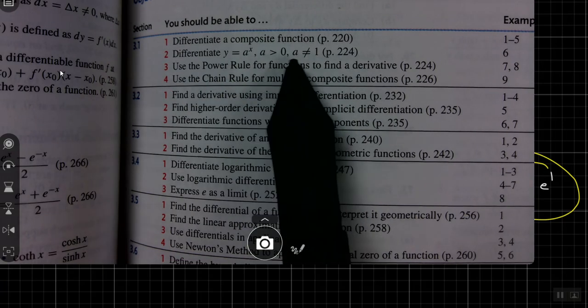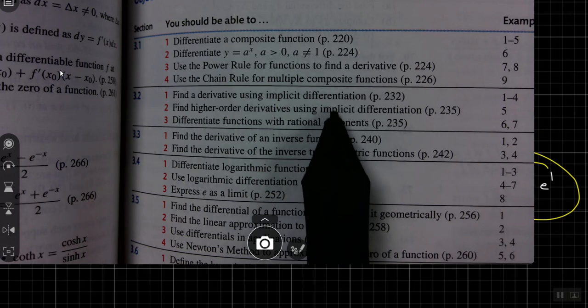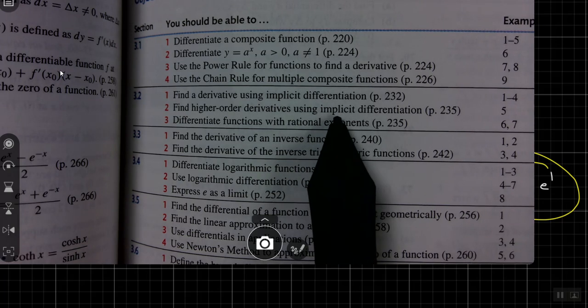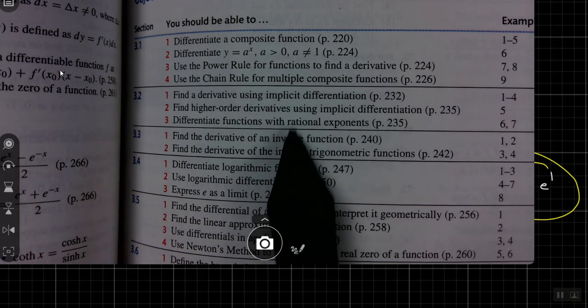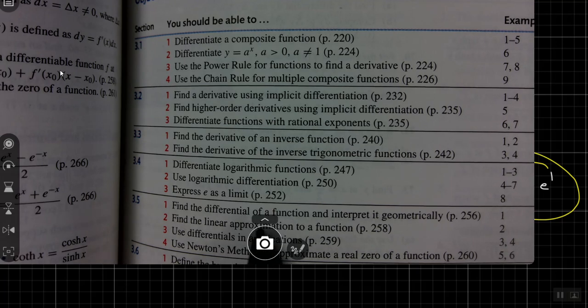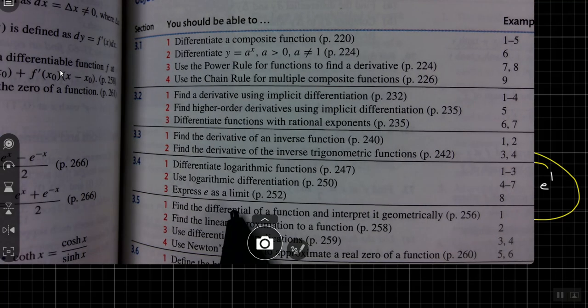Can you differentiate a to the x? Can you use the power rule? Can you use the chain rule? Can you do it implicitly? Can you find second or third or fourth derivatives implicitly? Can you differentiate with x to the m over n? Here is the summary of what we've done. We did not talk about differentials and stuff. This is all we covered.